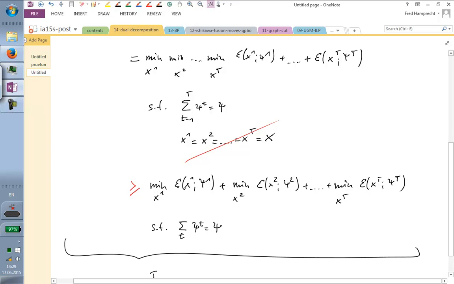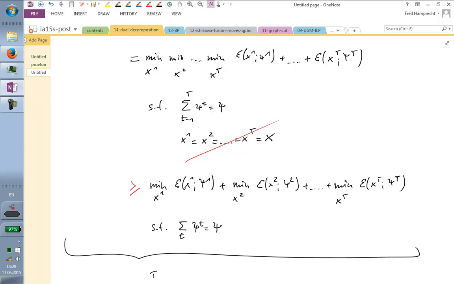So we here have a minimization problem, and if I allow each of these minimizations to occur separately, then they can reach potentially lower values than they can if I restrict them somehow.